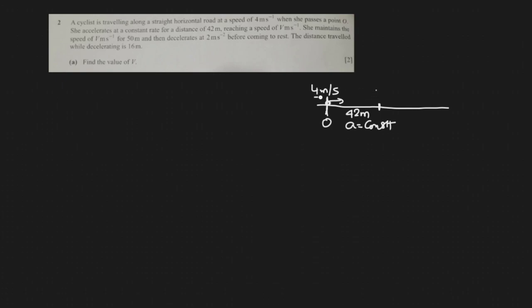So it was 4 meters per second. Accelerating, obviously v will be more than 4 meters per second. She maintains the speed v meters per second for 50 more meters. That means the speed here is again v meters per second, and then she decelerates.